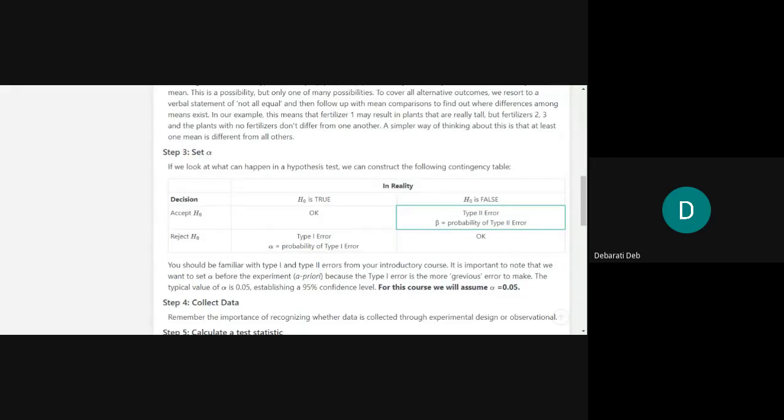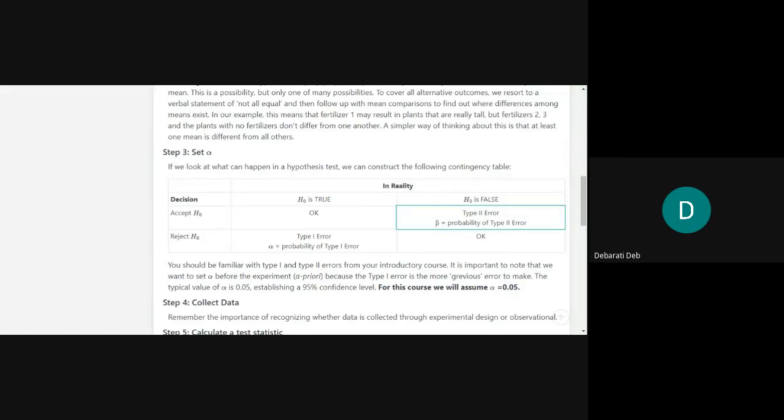In reality it is not true, but you accept it as per your calculation, due to some misinterpretation of the result, miscalculation using the formula, or not properly collecting the data. Due to that you have accepted H naught, but in reality H naught was false and should not have been accepted. Then you are making a type 2 error.